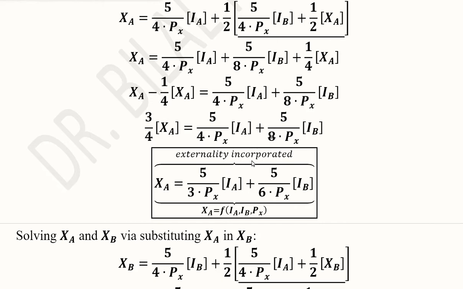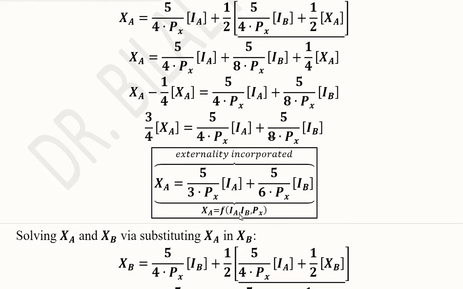This is actually the externality incorporated, or augmented, demand function of good XA by household A. Because this time we have incorporated the mutual effect of the externality of good X by household B, and the final result is actually a function of IA as well as IB and PX.